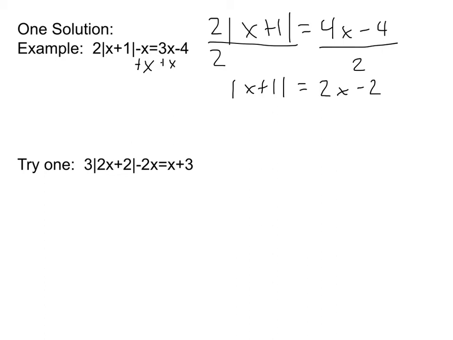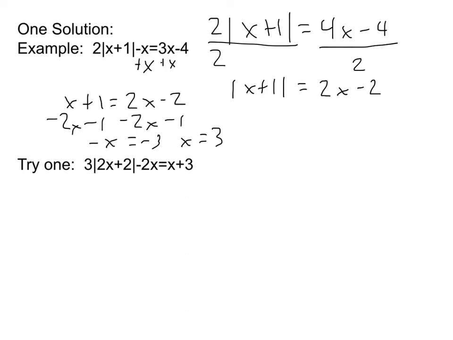Okay, so we're trying to find out when x plus 1 is equal to, so that's a positive, equal to 2x minus 2. So let's solve this one. We would subtract both sides by 2x, we get negative x equals negative 3, so x equals 3.